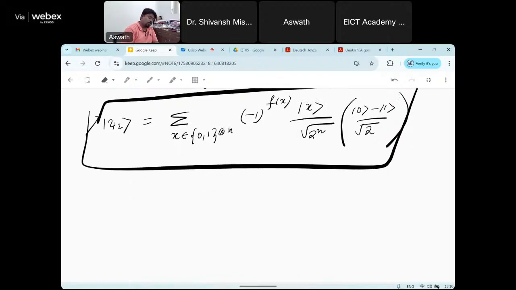Okay, now psi 3 is n Hadamards and one identity acting on psi 2.